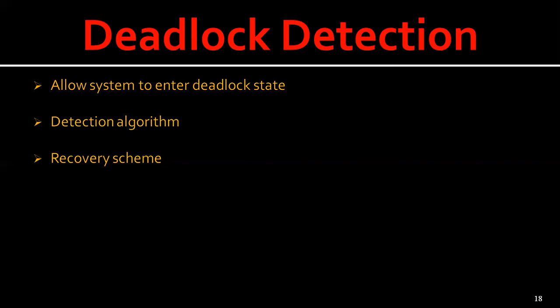One solution is simply to abort one process after another to break the circular wait, and the second option is to preempt some resources from one or more deadlocked processes. By using such schemes, we can overcome the deadlock state. So that's all for now.